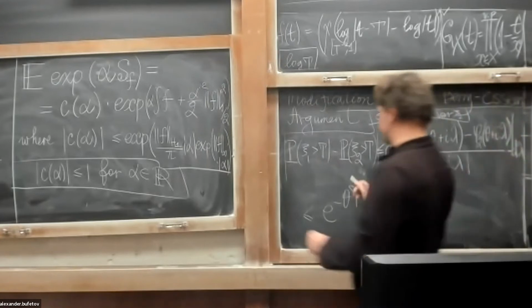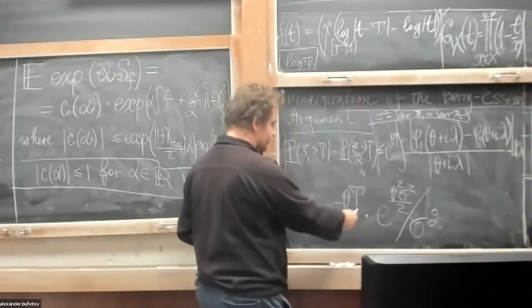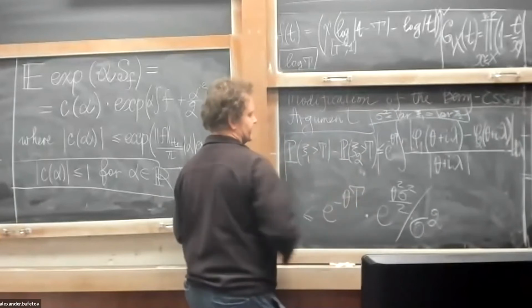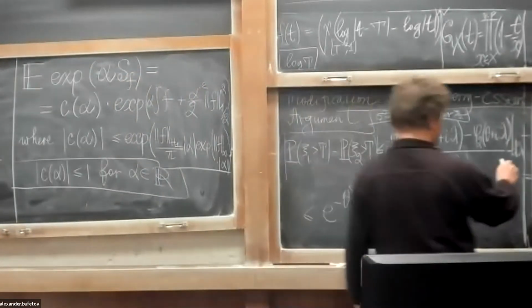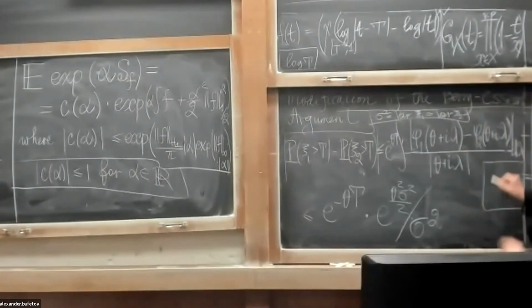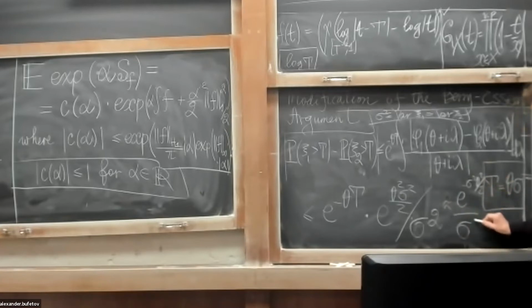But this probability, again, considering now you can see that t must be chosen in such a way so everything has to match. T has to be chosen as precisely theta sigma. Yes, exactly. So everything matches. So this becomes e to the minus sigma square theta square over 2 over sigma square.